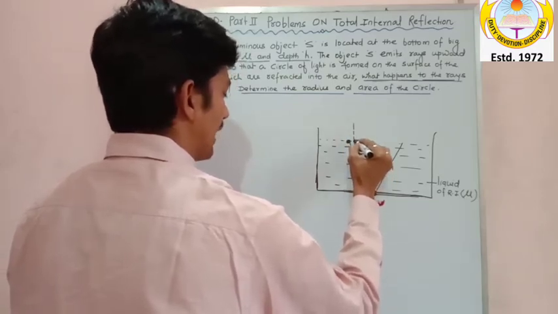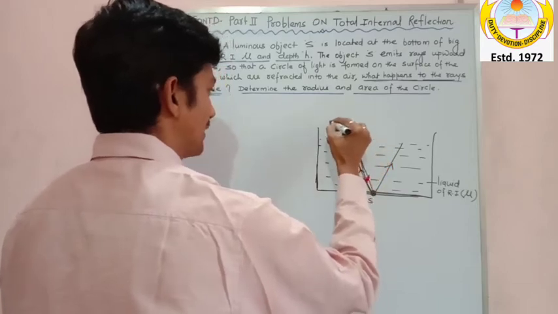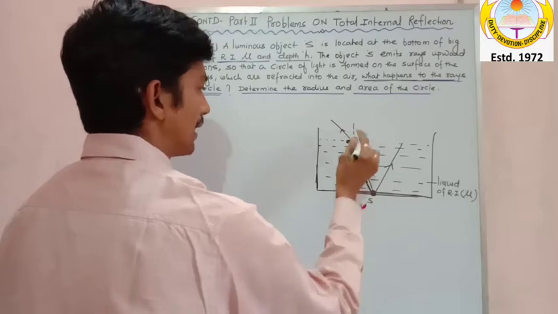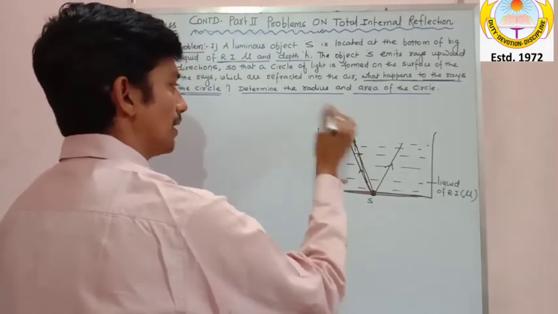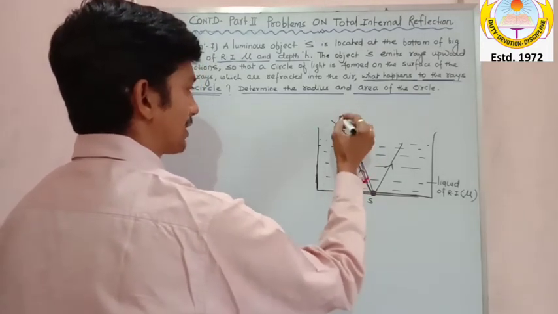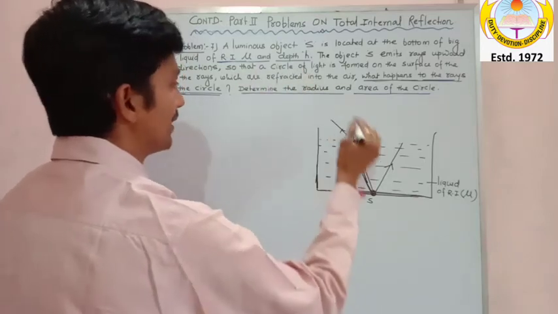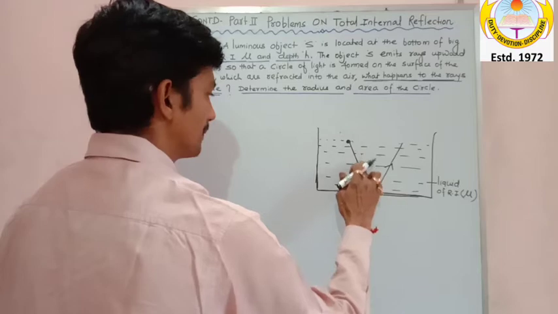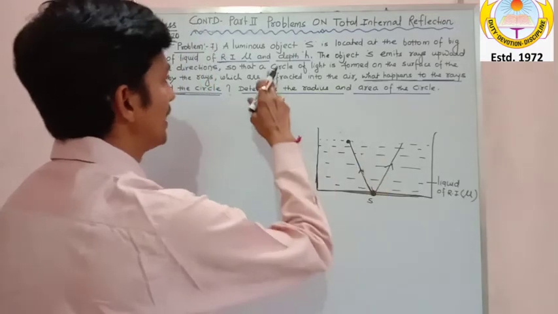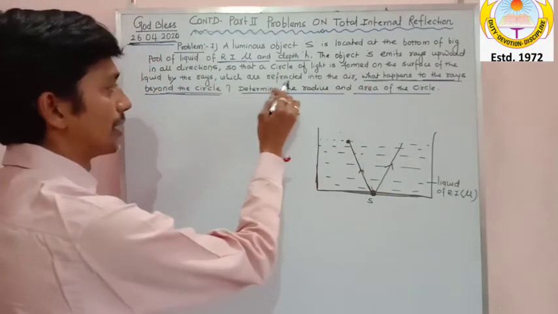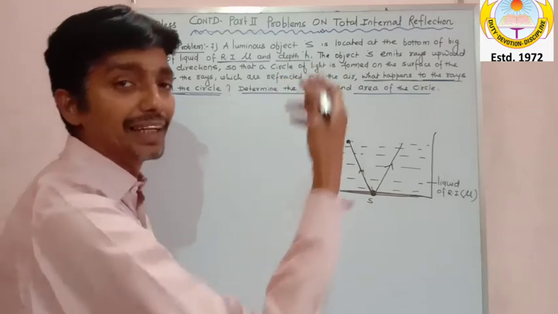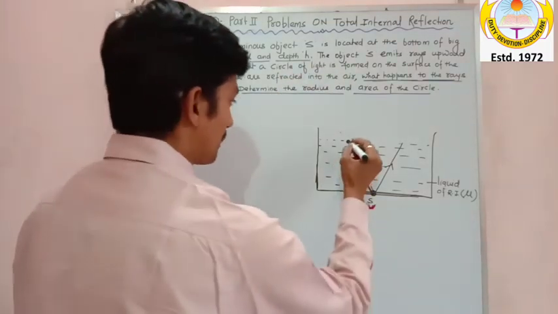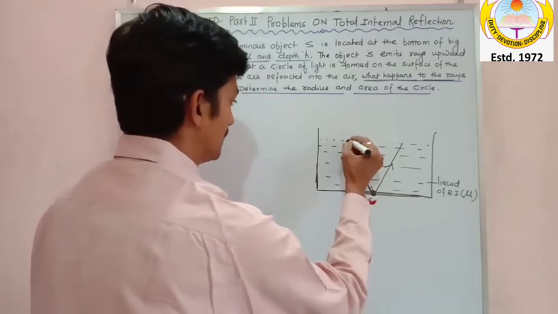Of course this ray will refract like this, away from the normal, and because of that a circle is formed on the surface of the water by the refracted ray.